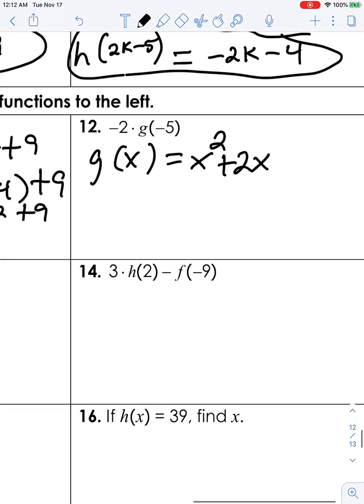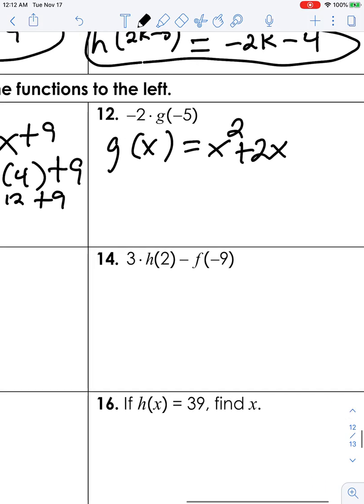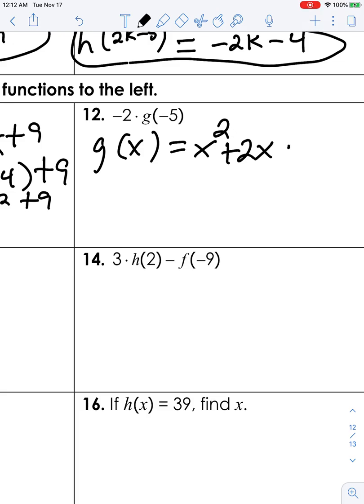And then it's saying we want you to plug in -5 for x. And by the way, there's a times -2 in front of it, meaning that's tacked on at the end.